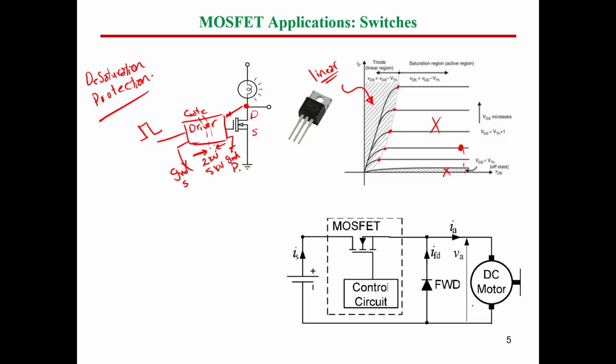We can control this VA by having a MOSFET here in series with the power supply. What will happen? If this MOSFET is turned on, the current will flow from the supply to the motor, and the MOSFET being turned on means it's like a short circuit.